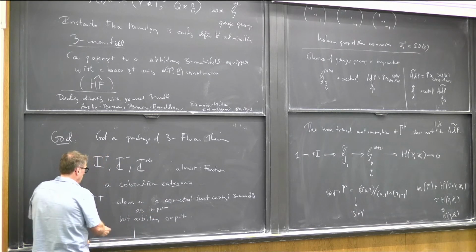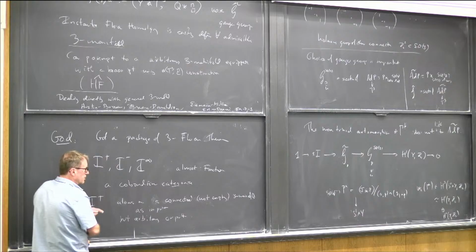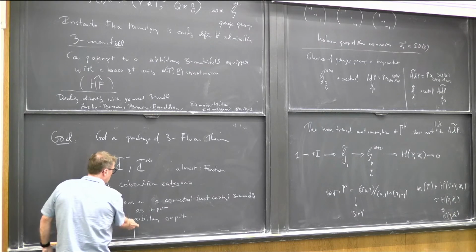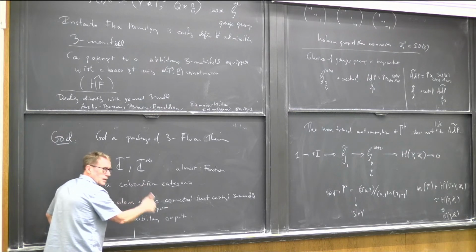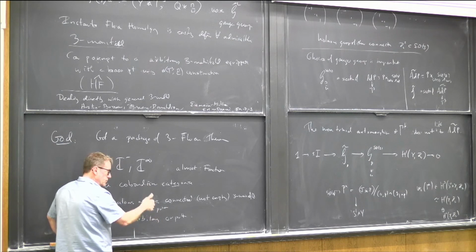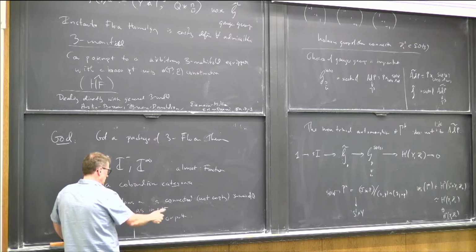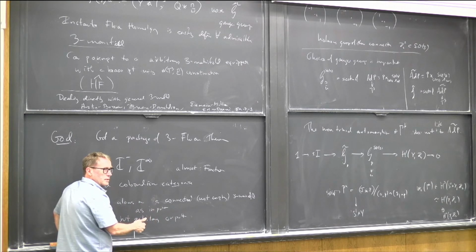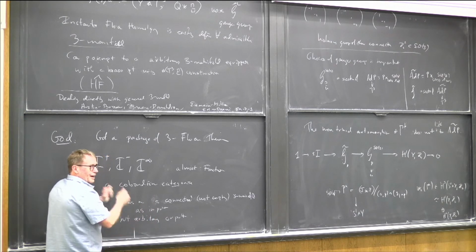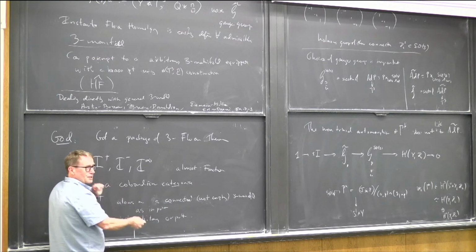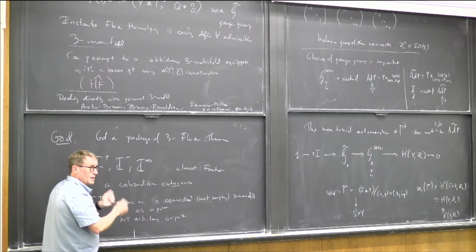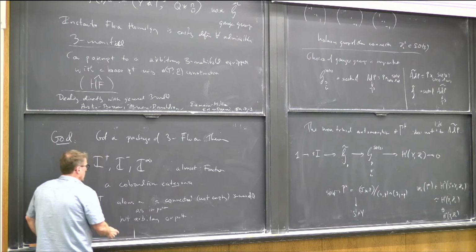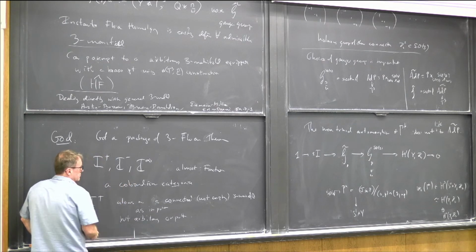Right? I minus has the opposite property. It allows arbitrary input, but the output is just allowed to be a connected non-empty 3-manifold. So it's not really a functor because the objects in the domain and range aren't the same thing, right? I infinity doesn't care.